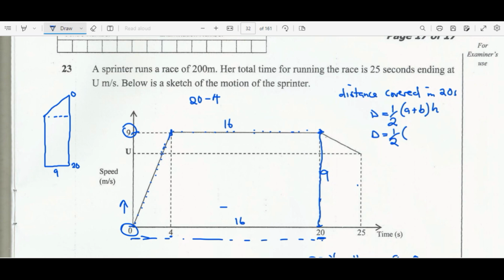Now this is the distance, which is a 20. So 20 plus B. B is the distance which is 16 there, this is the distance for B, which is 16, and then we close.